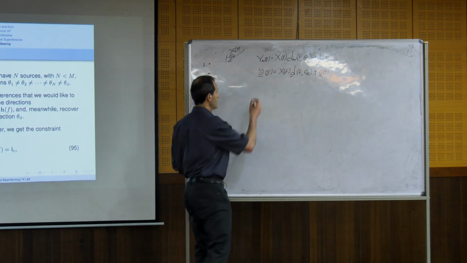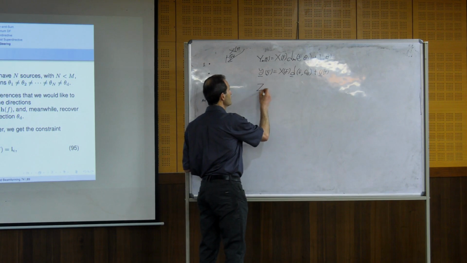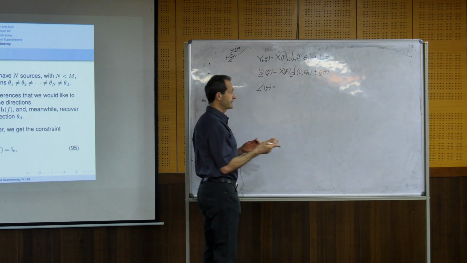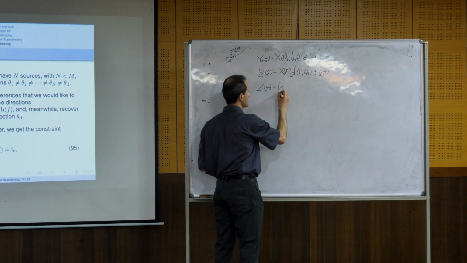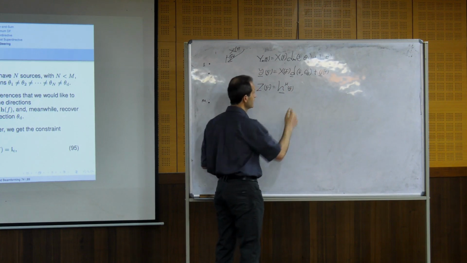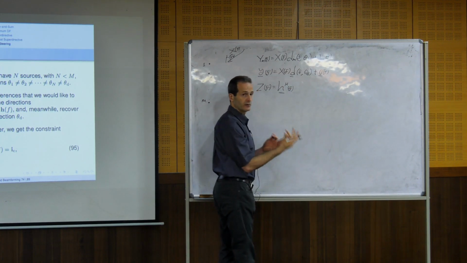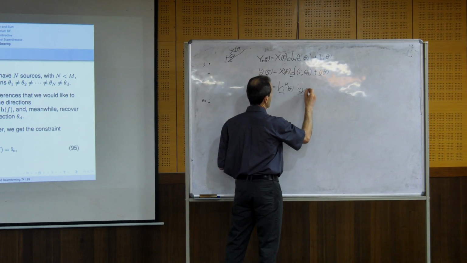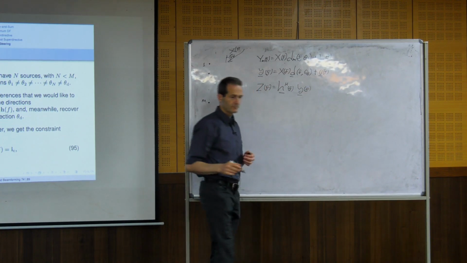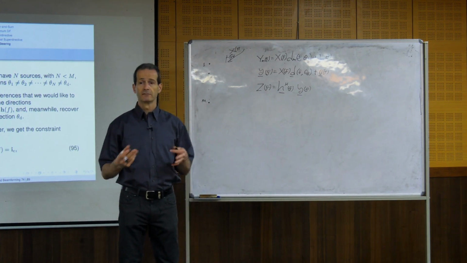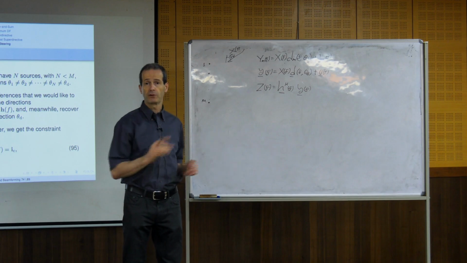Our objective is to do fixed beamforming, which means that we find a beamformer that is applied in each frequency to the vector of measurements, which is a vector of length M. And the question is how to design an optimal beamformer.